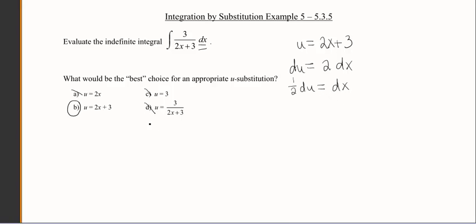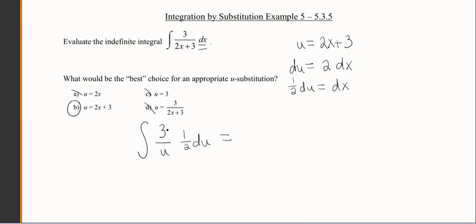Matching everything up with my original integral, I've got the integral of 3, because that didn't go away, divided by u, and then my dx is 1/2 du, sorry. This is really ugly, so let's do some finagling.